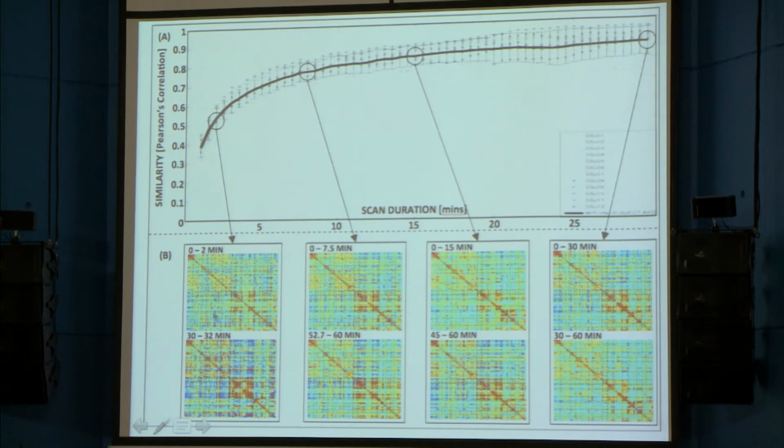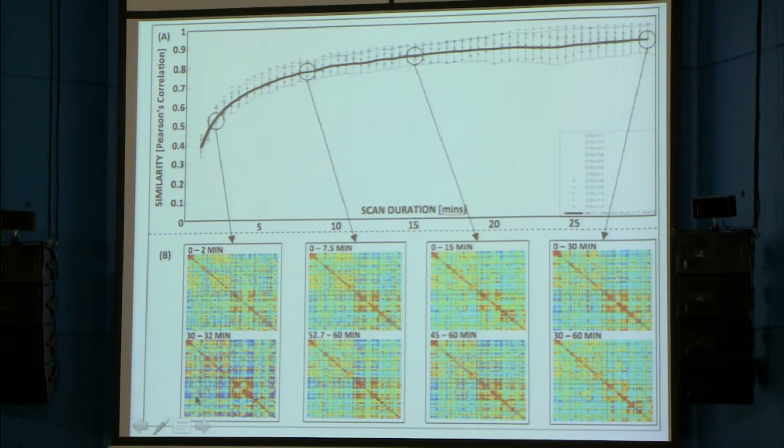So if you average a lot, they become more similar. It turns out there's a point at which they start to become less similar, and not simply because you're adding noise by averaging less, but in a way that seems to show a structural difference. So if you average the first 2 minutes and the last 2 minutes of the time series, you see true changes in this correlation matrix.